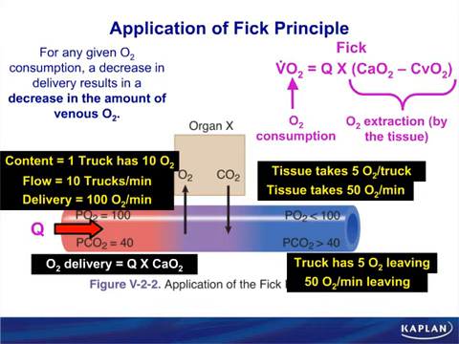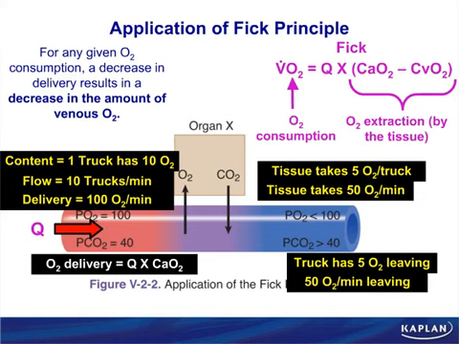Well, let's say that a truck now, instead of having 10, has 7 oxygen, which would mean oxygen content has gone down. So instead of having 10 oxygens, we have 7 oxygens. Well, that means delivery dropped from 100 oxygen per minute to 70 oxygen per minute. We're going to keep the flow the same. So we have 10 trucks per minute. Each truck has 7 oxygens.